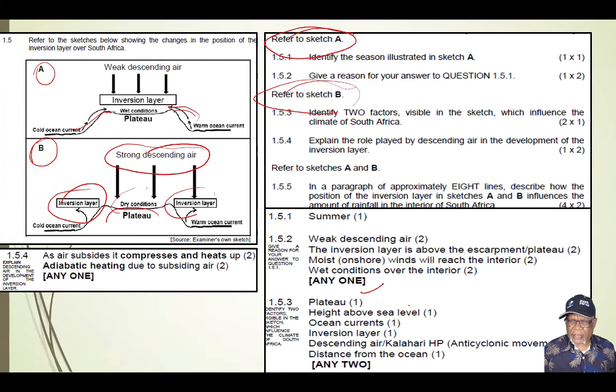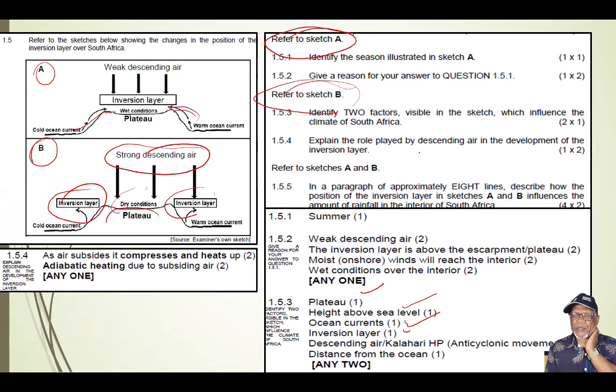You can see height above sea level, ocean currents. You can see all these things. You can see everything here. So the examiner wanted to give you free marks. But you'll find that some people do not get it right because they do not read. This is just free 2 marks.